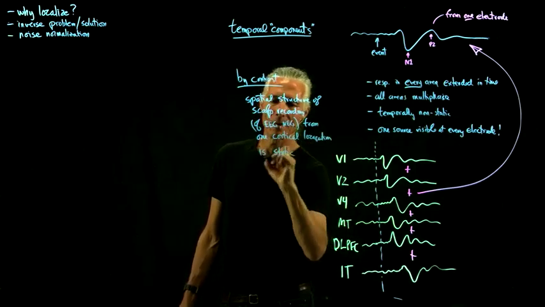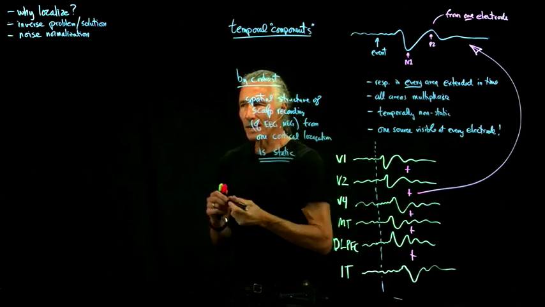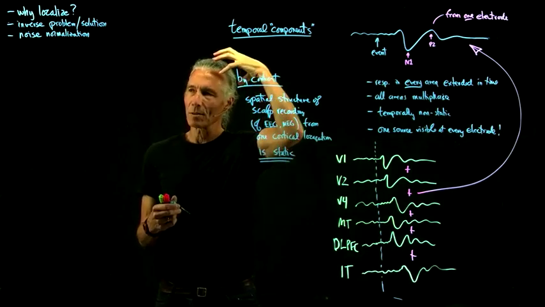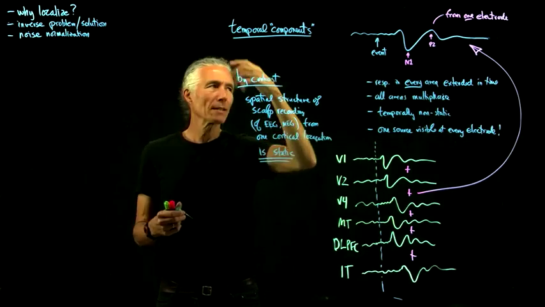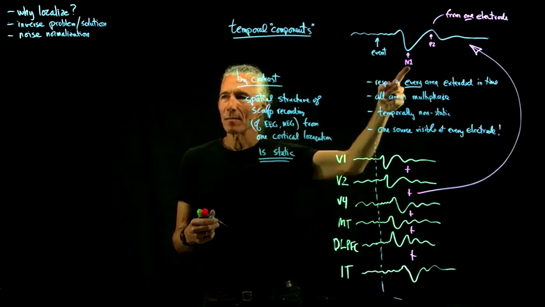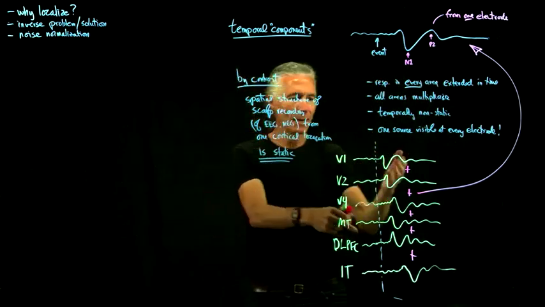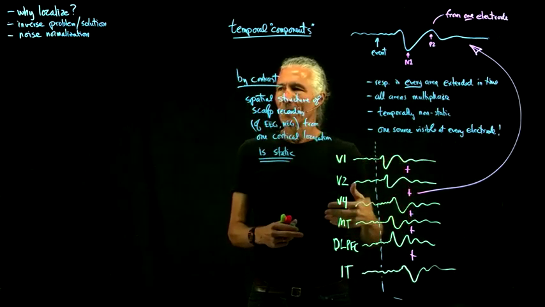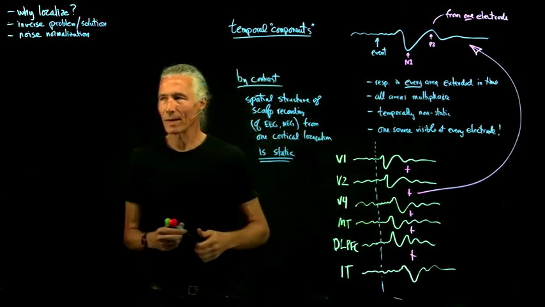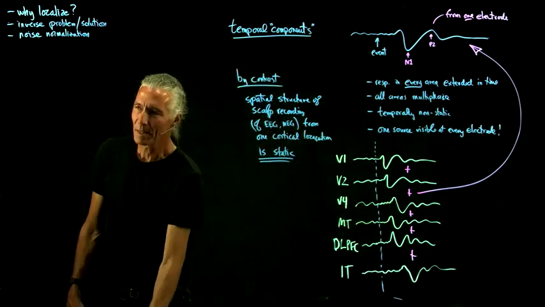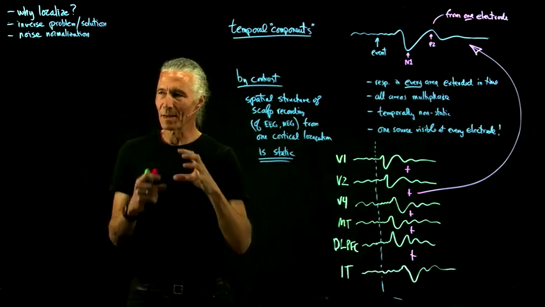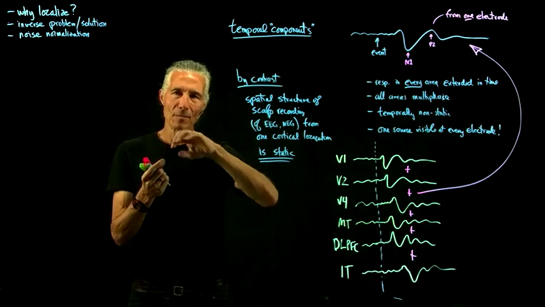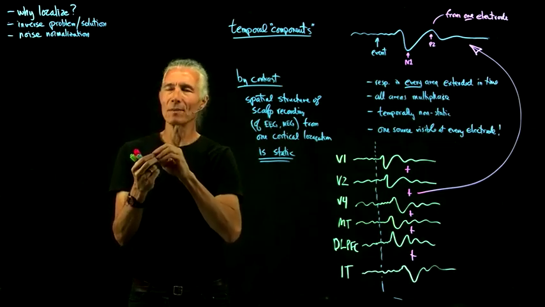So if any part of the cortex becomes active, it will always have a fixed spatial distribution, unlike these temporal components, which can go all over the place depending on how you varied the mix of cortical areas that were involved in generating the evoked potential. So these are much better components, spatial components that are fixed in their spatial distribution when a particular part of the cortex becomes active.